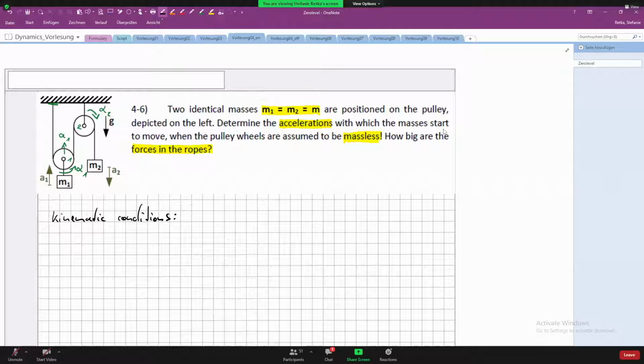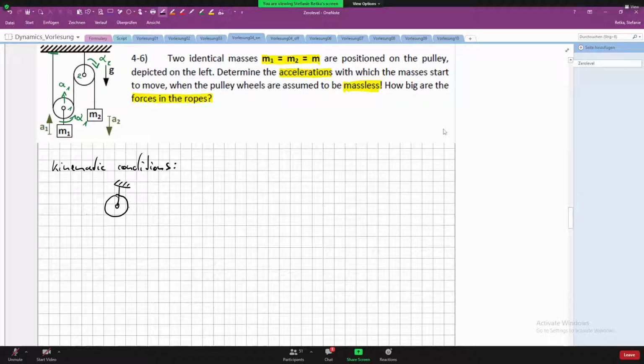Okay, I will draw another figure because I think usually it's easier to understand the motion and derive the kinematic condition if we know the distances traveled. I think it's easier describing it using distances traveled instead of accelerations or velocities maybe.